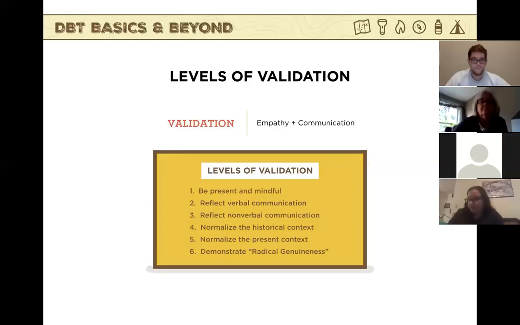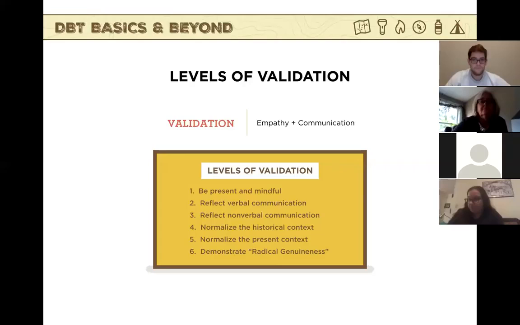No, because our clients can't necessarily handle that much authenticity all the time, right? This has to be done in small doses and when they're ready for it. And if you think about it, that's why this is last, because you can't possibly be radically genuine if you're not also validating in all of these other ways.